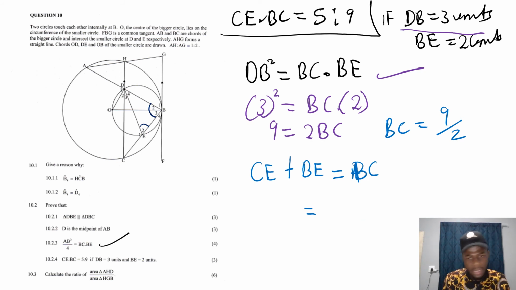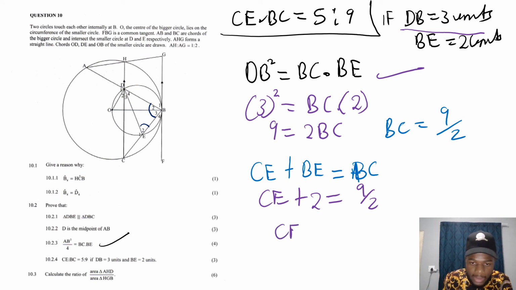That one needs general knowledge. CE plus BE, which is 2, equals 9 over 2, because BC is 9 over 2. We just calculated it. CE is equal to 9 over 2 minus 2. It is 5 over 2.